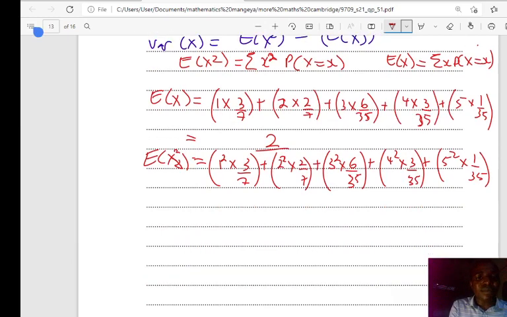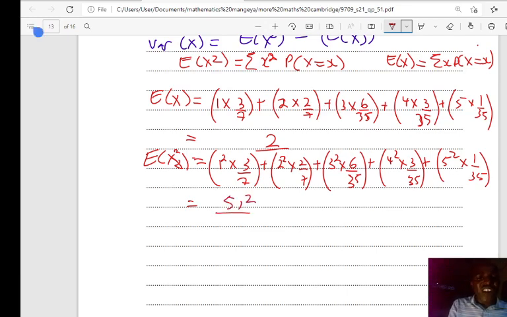Then if you simplify this: 1 squared times 3 divided by 7, plus 2 squared is 4 times 2 is 8, 8 divided by 7, plus 3 squared is 9, 9 times 6 divided by 35, plus 4 squared is 16 times 3 divided by 35, plus 5 squared is 25 divided by 35. Then you get here 5.2.